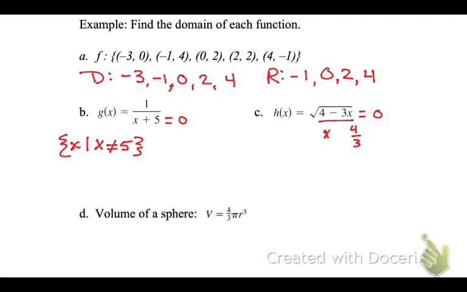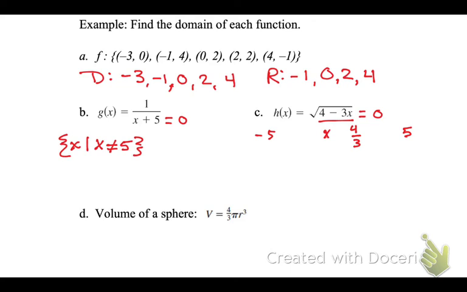Now, is my x going to be bigger than 4/3 or less than 4/3? 4/3 is 1 and 1/3. What's bigger than 1 and 1/3? Give me a bigger number. 4, 5. Okay. So we're going to use 5 and we're going to use -5.